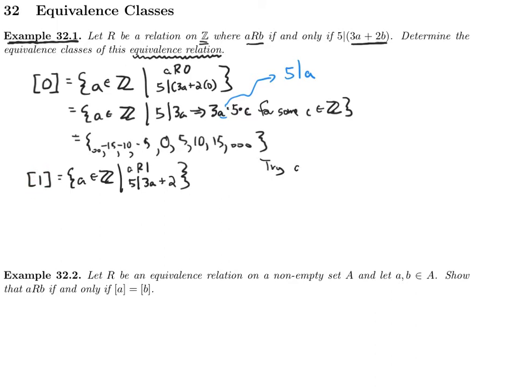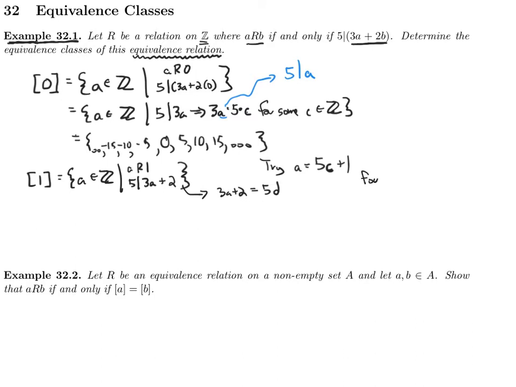So let's try numbers a that can be written as 5 times c plus 1. So not quite a multiple of 5, but one more than a multiple of 5. Let's see what that looks like. This is saying here that 3a plus 2 can be written as 5 times some integer, let's call it d, since we already used c, for some integer d.